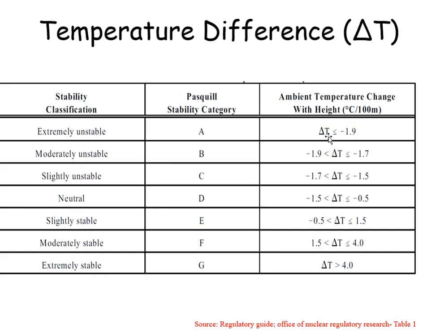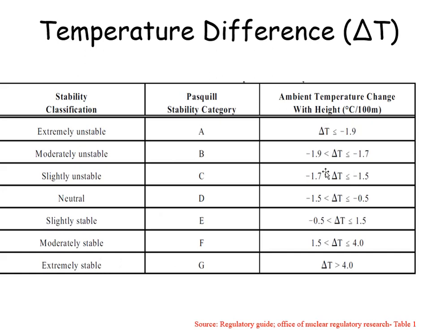This occurs when the temperature difference in the atmosphere for 100 meters is up to 1.9 degrees centigrade, around 2 degrees centigrade, then it is an unstable environment. With a bigger temperature difference, for example, for 100 meters, if the temperature difference is more than 4 degrees centigrade, then it is more stable.